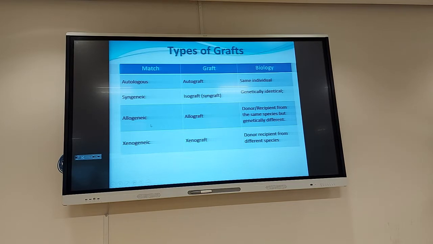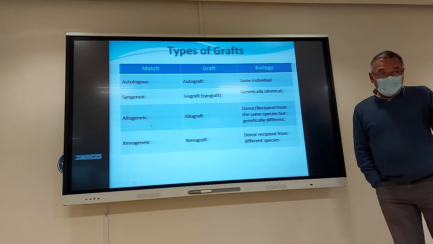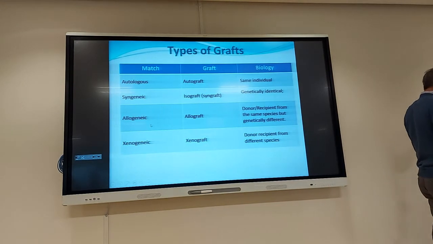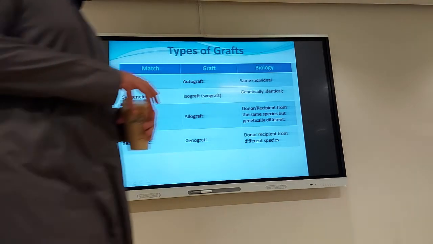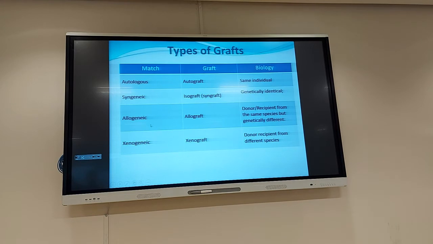This is probably the most common type of graft. Because of the difficulties in getting genetically identical matches, we normally just, in desperation, take grafts from anyone off the street.